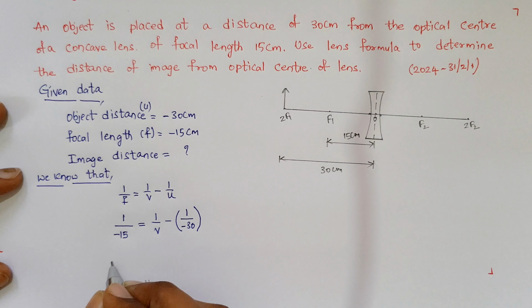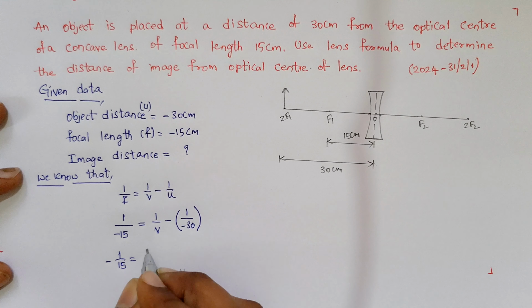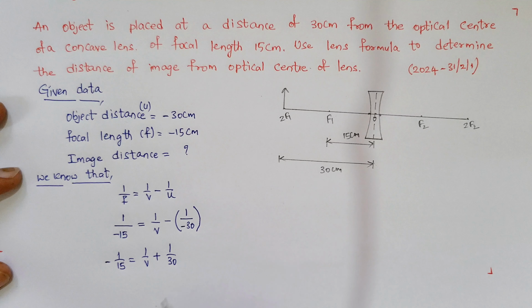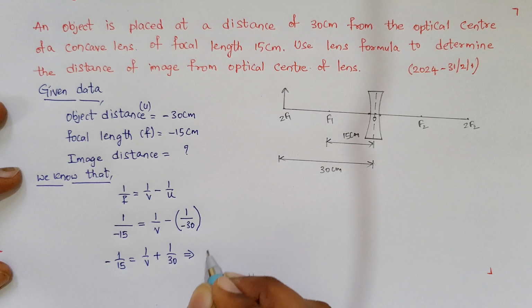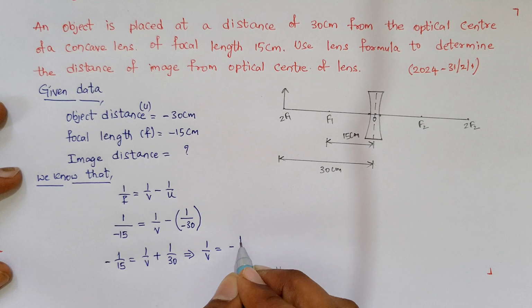So next step will be, minus 1 by 15 is equal to 1 by v plus 1 by 30. We need to find out v. This can be written as, which implies 1 by v is equal to plus 1 by 30. I will say on this side it becomes minus 1 by 30.